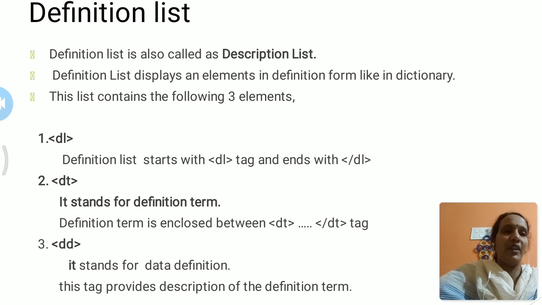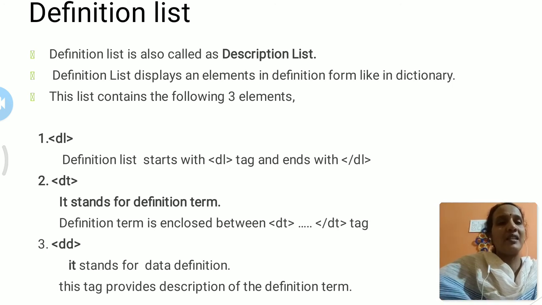DL stands for the definition list. This tag starts the list, and the DL closing tag closes the list. It will end the list, like OL opening, OL closing, UL opening, UL closing. Similarly, the definition list starts with the DL tag and ends with the closing DL. Understood? Now the second one is DT.